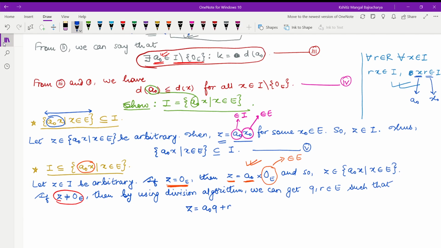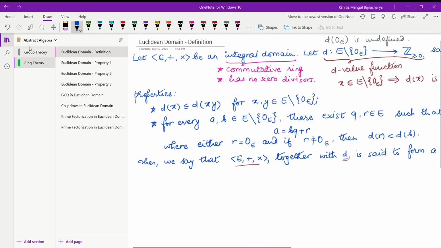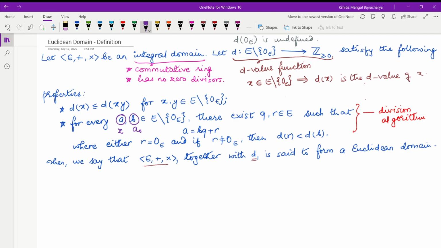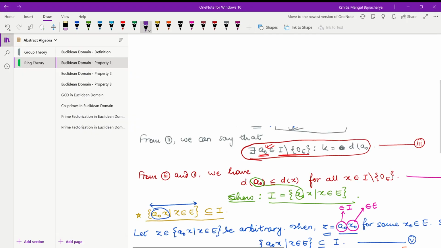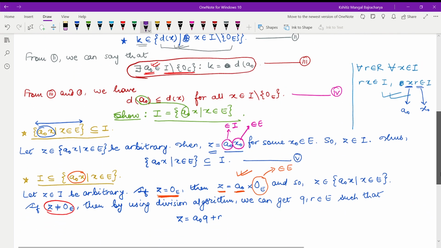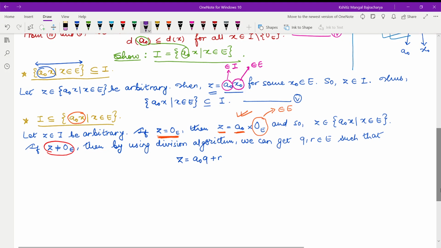Now if you look at the definition, I'm taking a to be z and b to be a0. Now let's carry on with the proof.